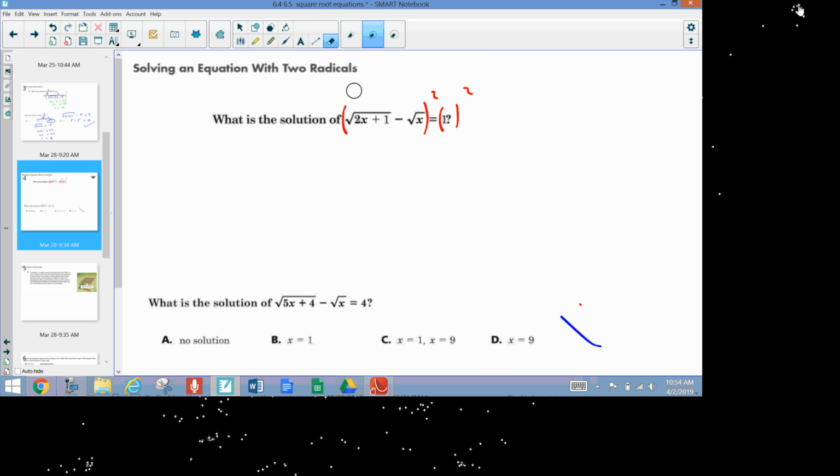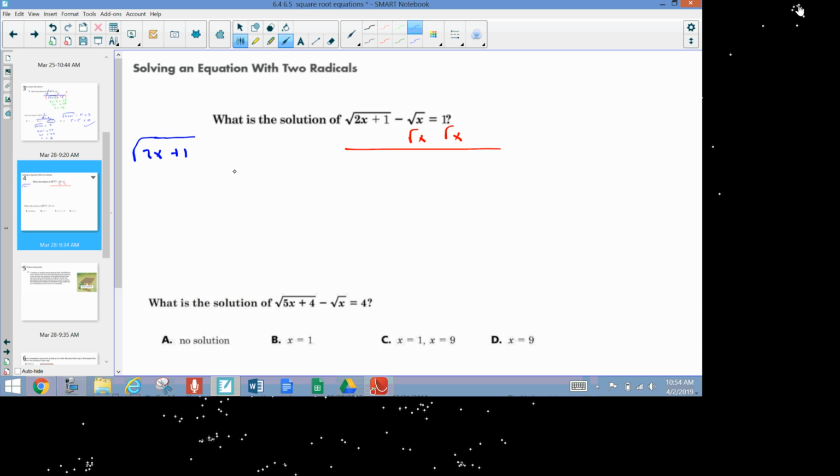Okay. Let's add root x to both hand sides, and then take the square of it. Let me write over here. I need a little bit more room on that question. X plus 1.